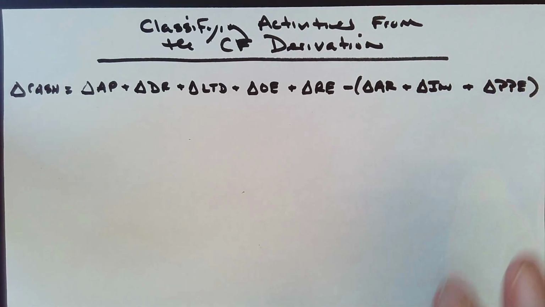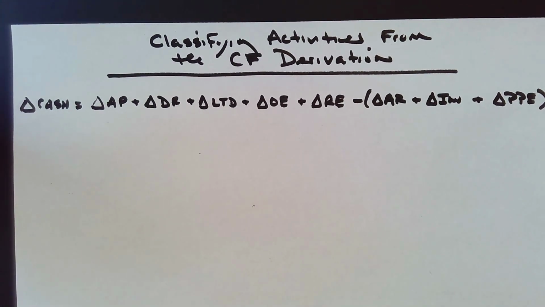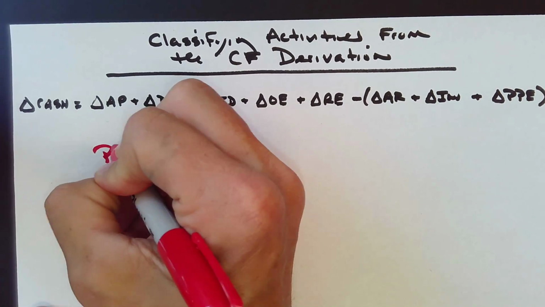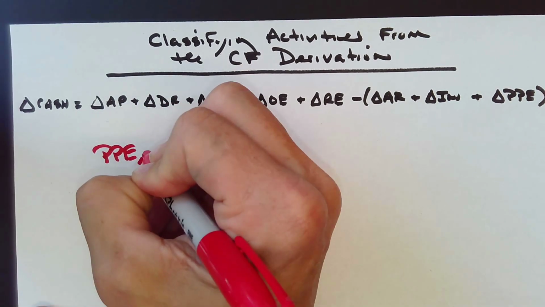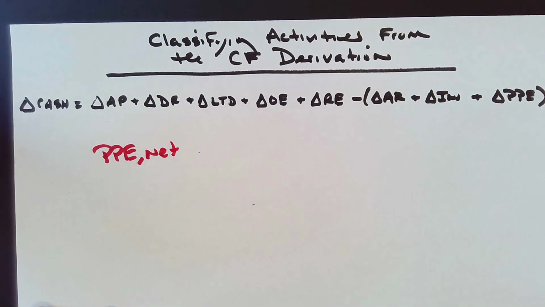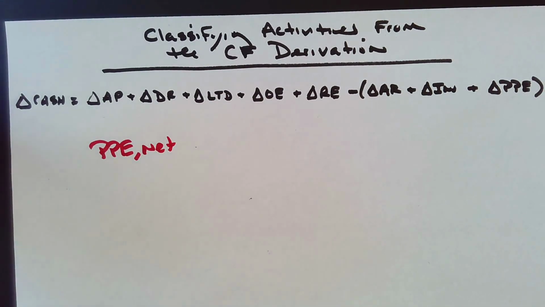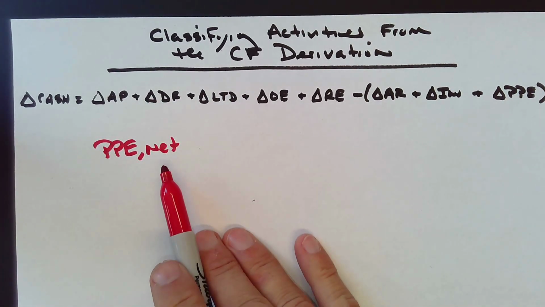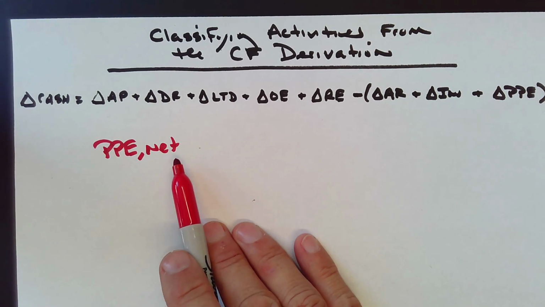Let's look at PP&E. So we've got PP&E as the account. I'm going to put a little PP&E Net. So what do I mean by net? Well, it's net of accumulated depreciation.